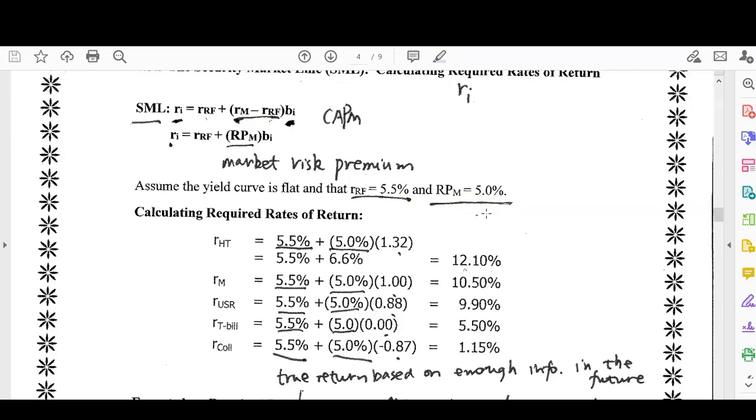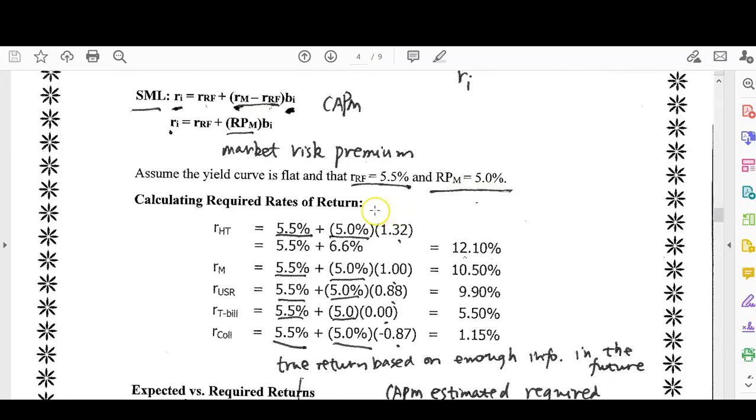So if we want to calculate required rate of return for different stocks, we can just use the risk-free rate, 5.5%, plus the market risk premium, 5%, multiplied by beta of each asset. For the 5 assets here, we know the 5 betas, so we use this security market line or CAPM model to calculate their stock return, and we have these 5 numbers here.